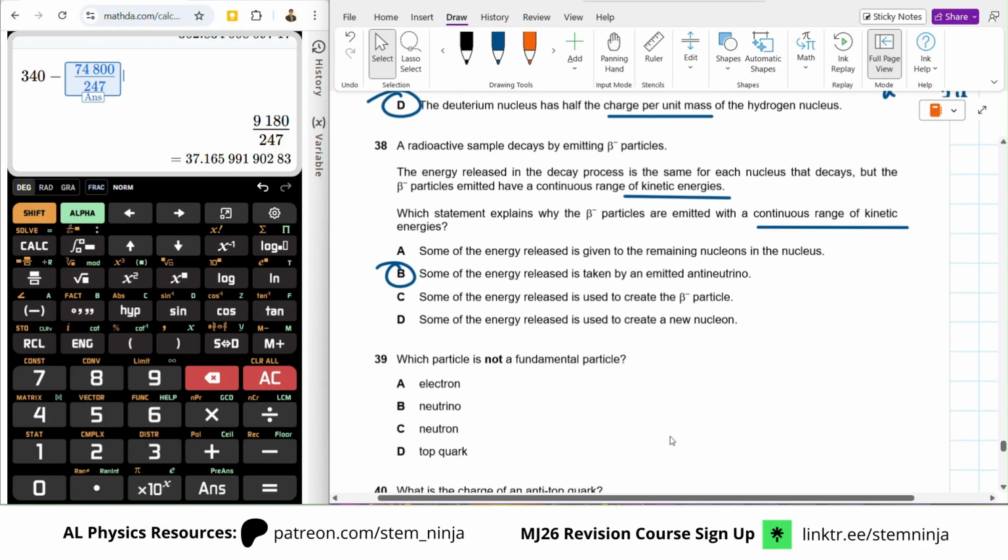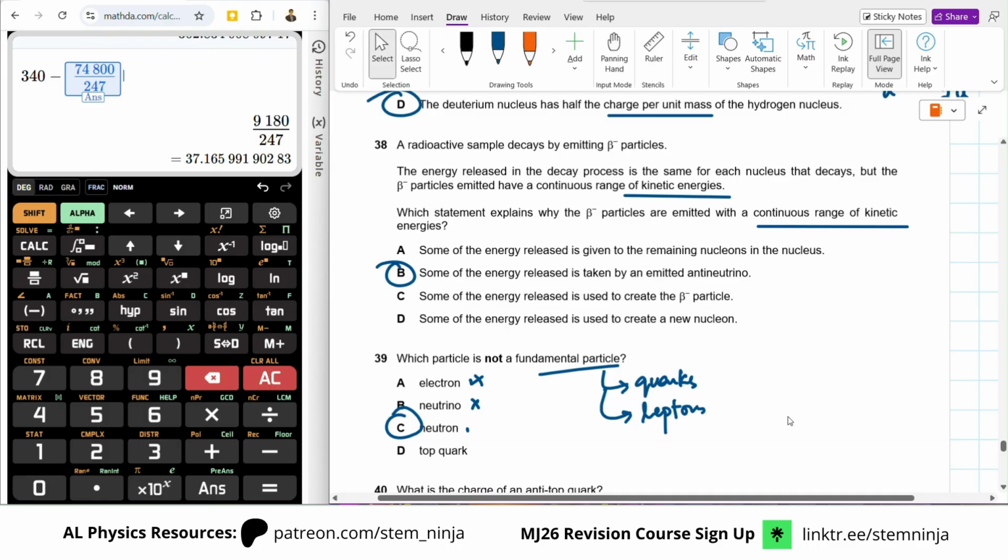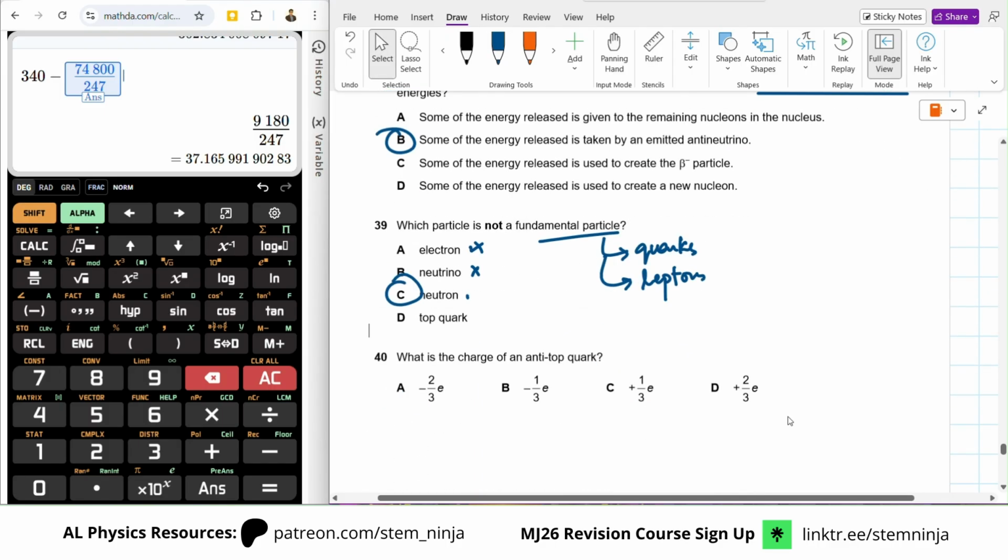Which particle is not a fundamental particle? So fundamental particles involve quarks and leptons. So electron is a lepton. So neutrino is a lepton, and neutron is a combination of quarks, a hadron. This is not a fundamental particle. What is the charge on an anti-top quark?